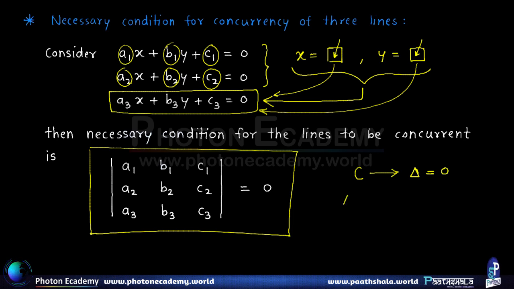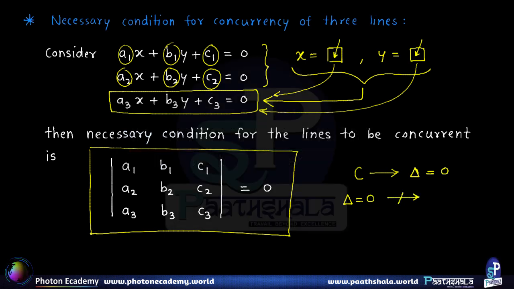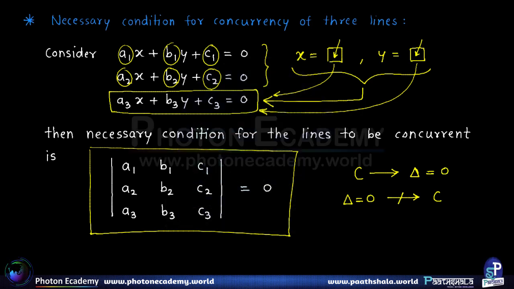If the determinant is equal to 0, that does not necessarily imply that the lines are concurrent, for a very simple reason: the determinant of these coefficients can become 0 due to some other reasons also. That is, out of the three lines, if two lines are parallel to each other, then their ratios will be in the same format. So in that case we may get the determinant 0, but yet the lines are not concurrent.